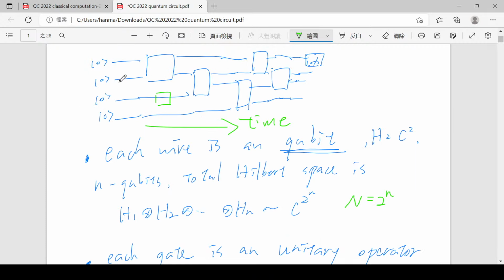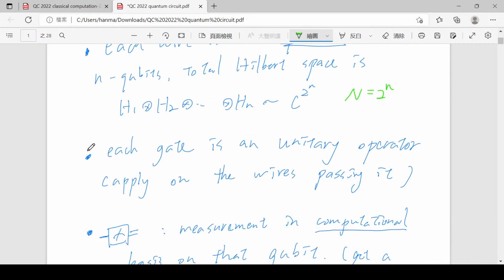Sometimes the picture is weird because it seems like you only pass through the neighbors, but that's just a drawing issue. You can also think about gates acting on, say, the first qubit and the last qubit, but that's more about drawing.